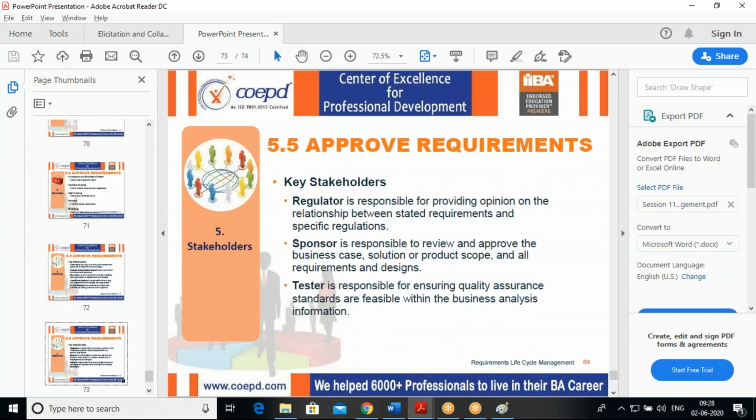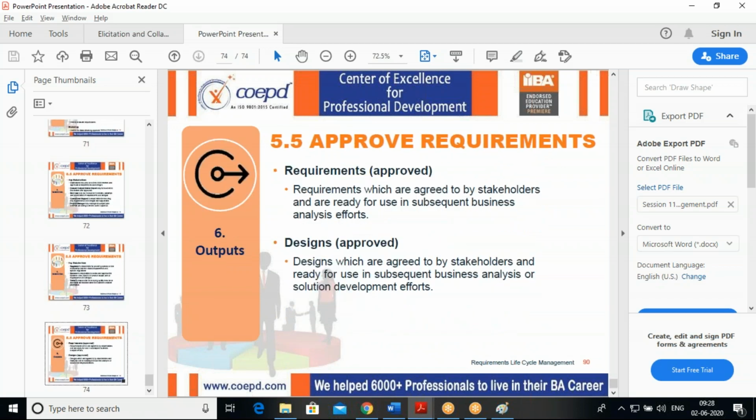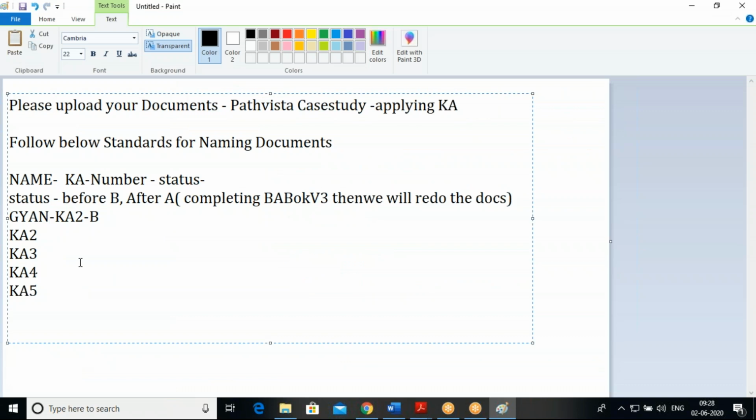And I think with this, you please work on this knowledge area and upload it by today, end of the day. Then tomorrow we'll have one discussion on it and go to the next knowledge area and complete it. If you don't start, the first task, I'll tell you what you have to do.